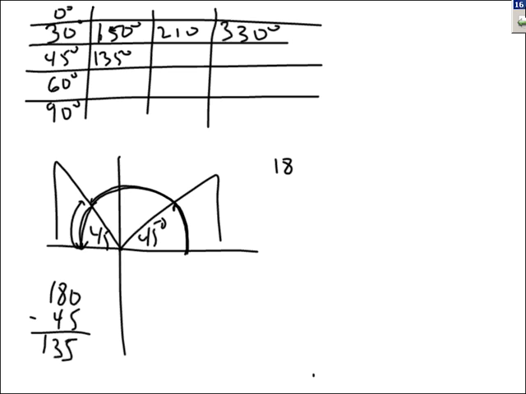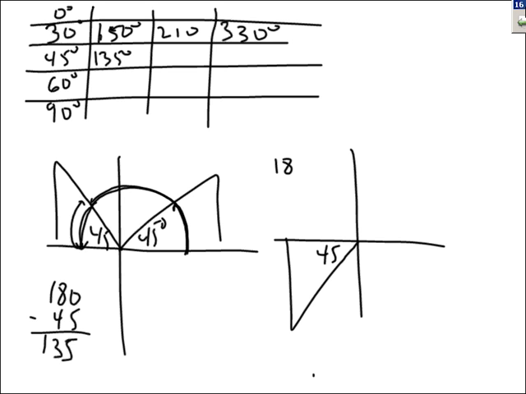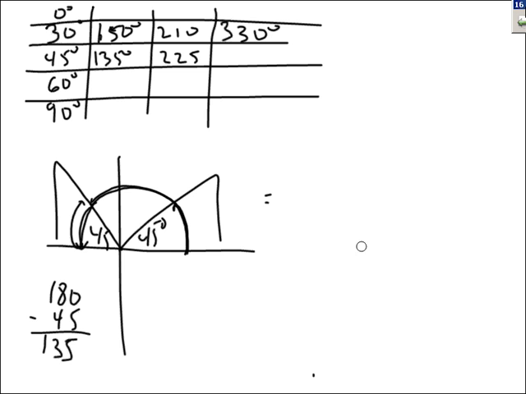In quadrant number 3, if your reference angle is 45 degrees, you can go 180 and then 45 more to get to your desired angle. Well, it turns out that 180 plus 45 is 225. What if you're in the last quadrant, quadrant number 4, and your reference angle is 45?